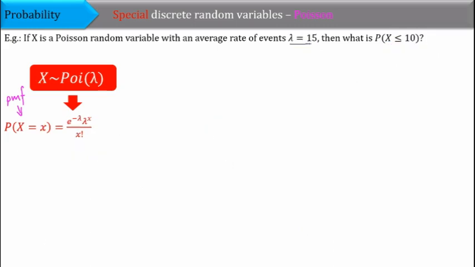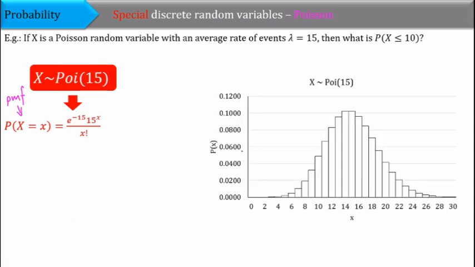Now in this case we have lambda equal to 15, but now we want the probability of x less than or equal to 10. So let's see. We'll substitute 15 into our PMF, right? So e to the negative 15 and 15 to the x over x factorial. Graphically, this is how a Poisson PMF looks when lambda is equal to 15.